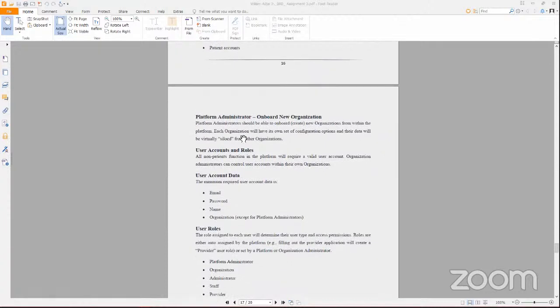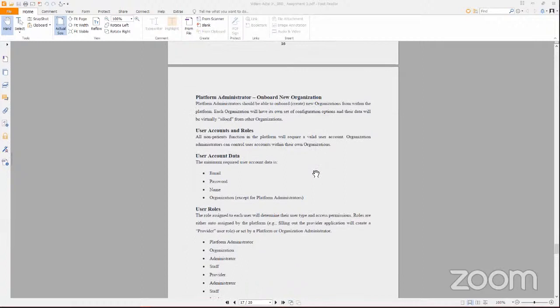We have the platform administrator feature also here. So as a platform administrator, you should be able to onboard new hospitals or healthcare providers, anyone. So platform administrator should be able to onboard these new organizations from within the platform. Then user account and rules.